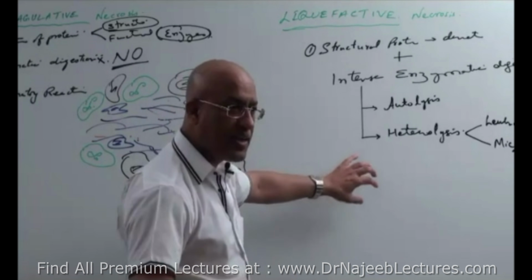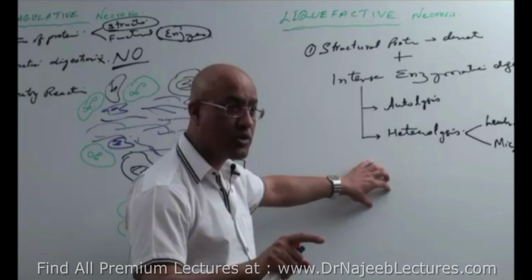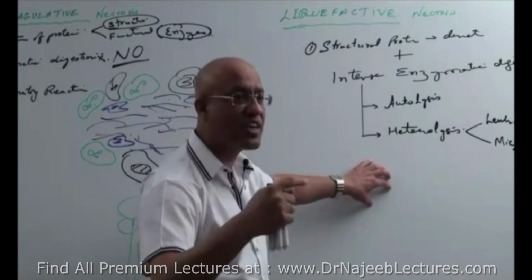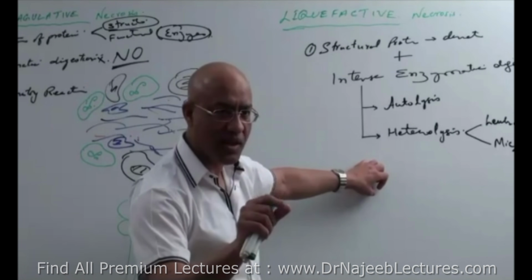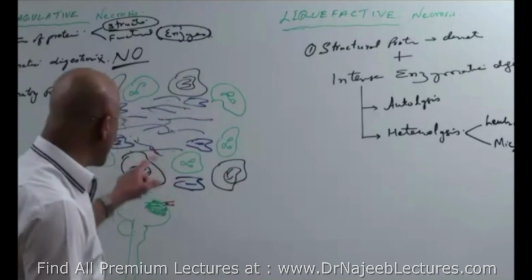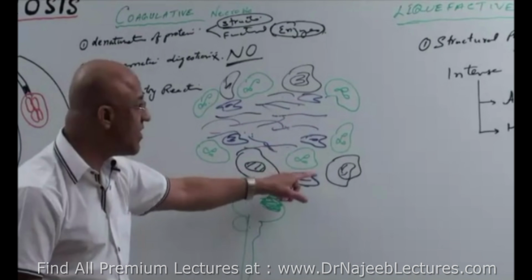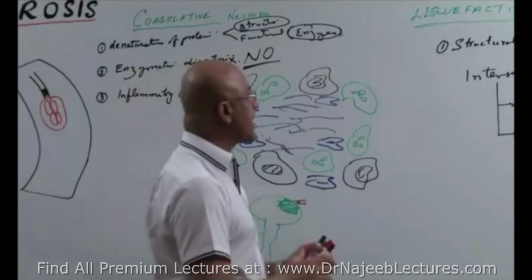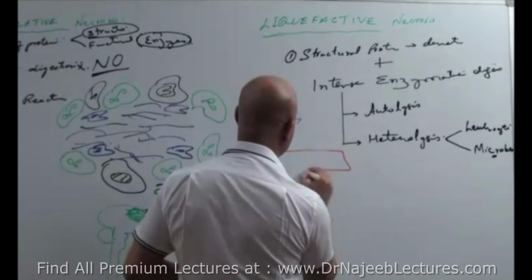So we can say that in liquefactive necrosis, tissue dissolution by the enzymatic process is faster than the surrounding repair process. In coagulative necrosis, necrotic tissue dissolution is slower than the repair process. Am I clear? Yes. Right. Now, the classical example of liquefactive necrosis is pus.